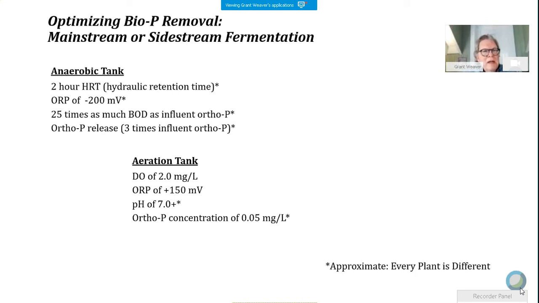They become energized as they consume the volatile fatty acids. Great process control tool. As they do so, they release soluble phosphorus into the solution. Then those energized bacteria move into aerobic conditions, or the conditions change and become aerobic, and as they do, they will suck phosphorus out of solution.